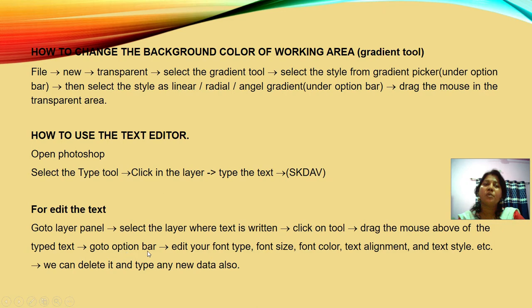Go to the option bar, edit your font type, font size, font color, text alignment, text style. So these are the options available under your option bar. Okay, so you can change any one option, then we can delete it and type any new data also.